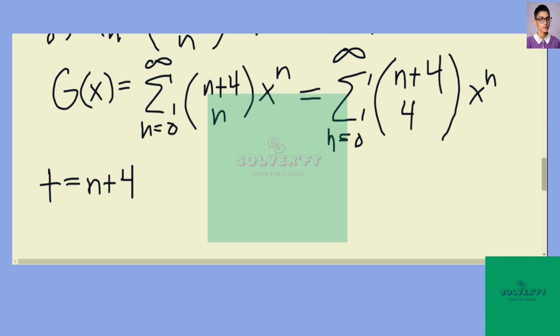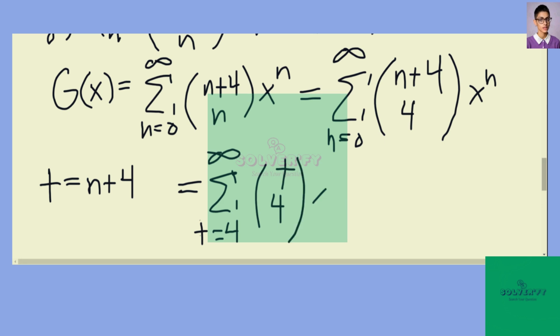But before we even do that, this is equal to the sum from, not n anymore, it's going to be t equals 4 to infinity of t choose 4, x to the, and n is going to be t minus 4.